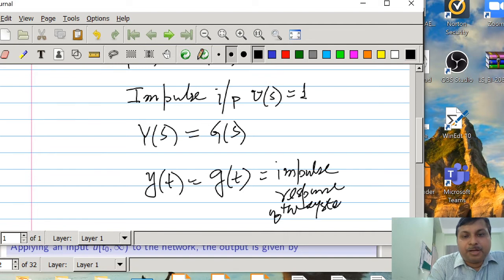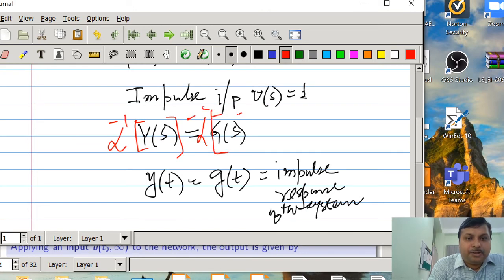So from here it is very clear how you got this expression: by taking the inverse Laplace of Y(s), which means the inverse Laplace of G(s). This way we can find out the impulse response of the system.